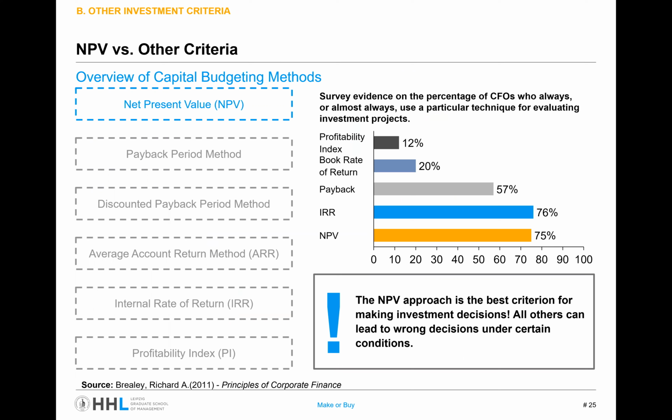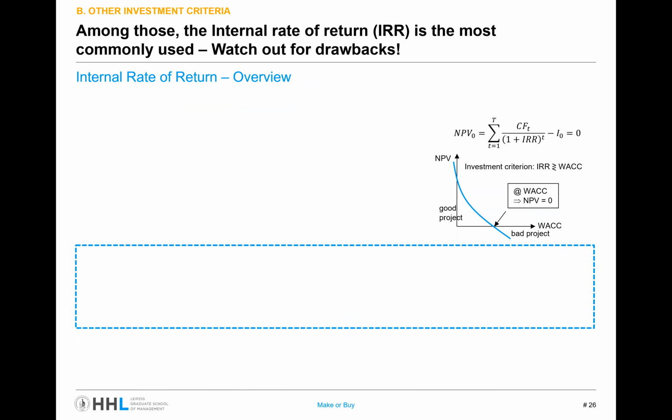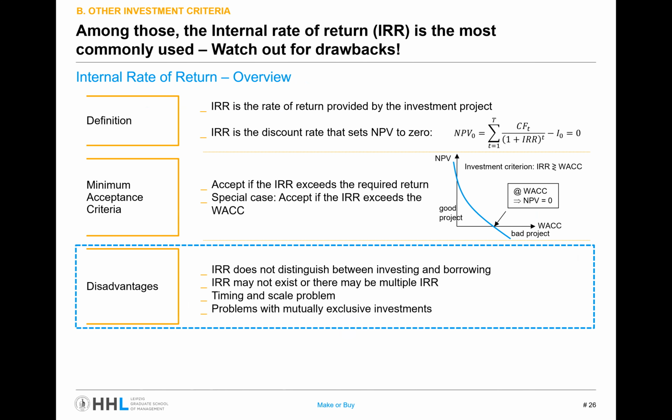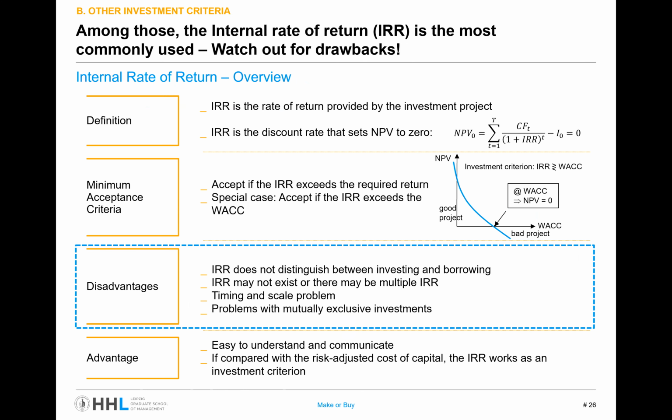Nonetheless, I want to introduce one more thing, because as the graph on the right shows, there's one thing that is very frequently used, which is the IRR, the internal rate of return. And actually, the internal rate of return is not so different from the NPV. Sorry, let me first show you the whole slide, because otherwise it looks a little bit weird. So we go through like this.